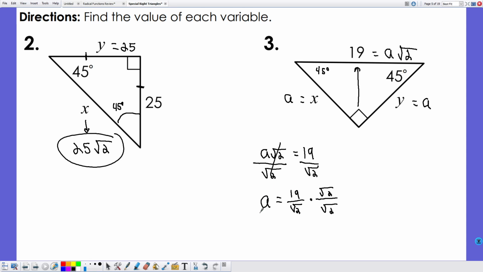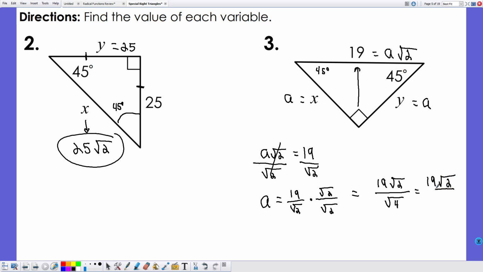When I multiply it out like this, we get 19 times the square root of 2 over, and when you multiply the square root of 2 times the square root of 2, that becomes the square root of 4, which, as we all know, is just 2.